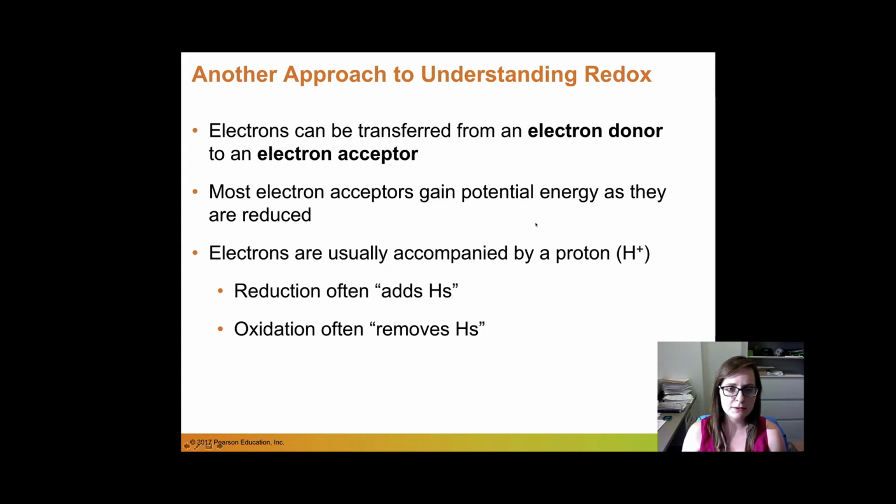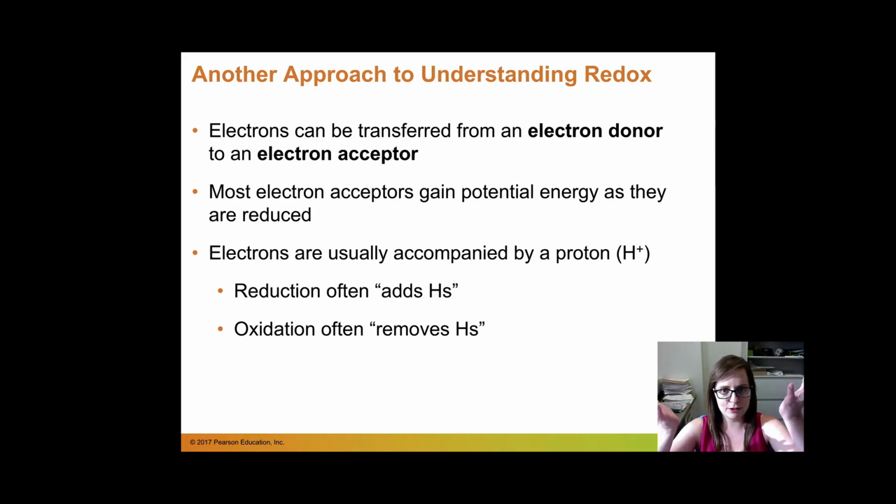You can also see this complete transfer of electrons when talking about electron donors and electron acceptors. Most electron acceptors are molecules that readily accept an electron, and if they accept an electron, they usually gain potential energy as they are reduced.